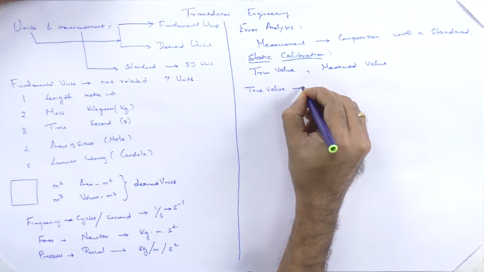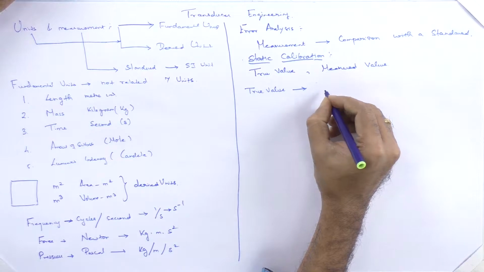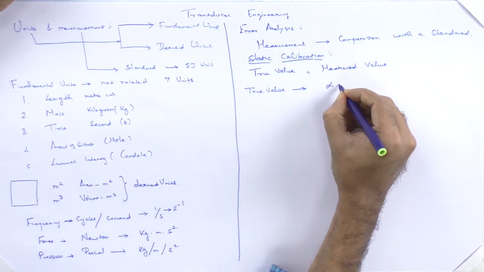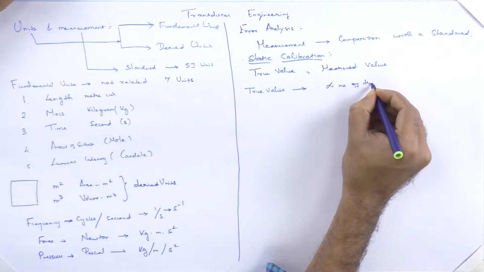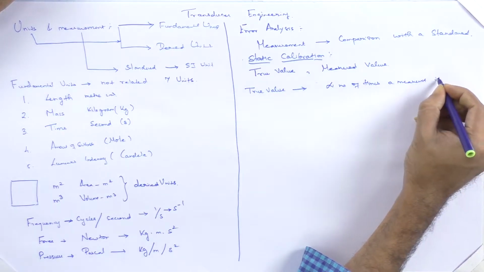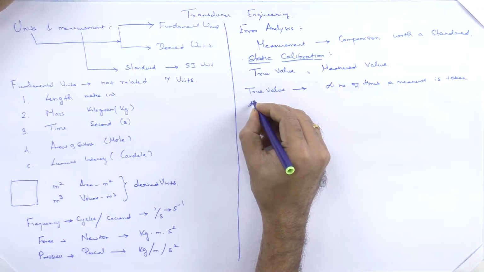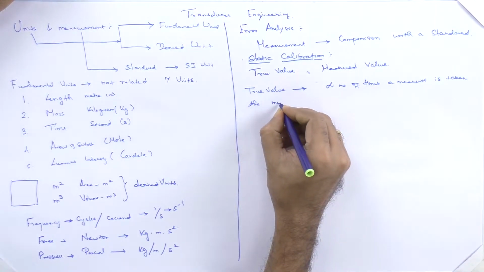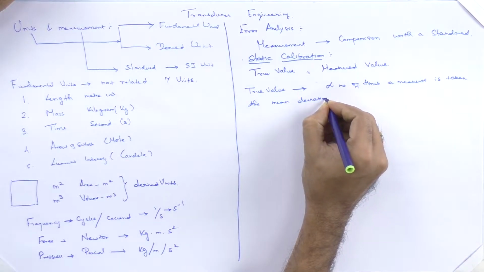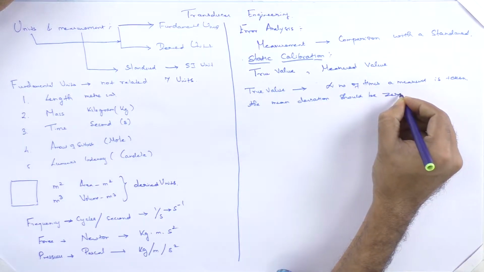True value: you take the measurement repeated an infinite number of times, and the average deviation, the mean deviation, should be 0.